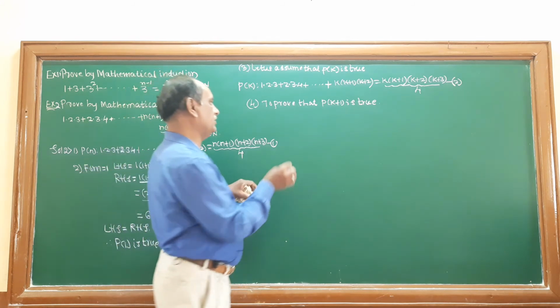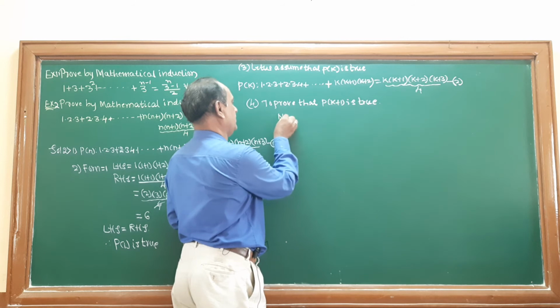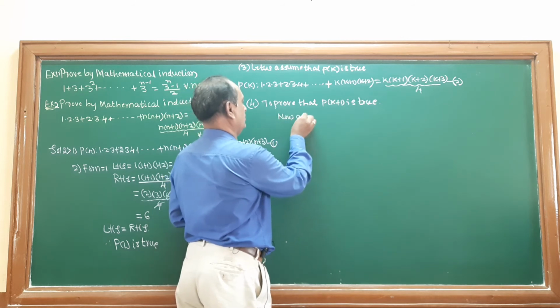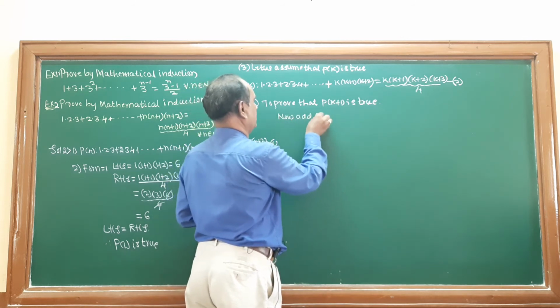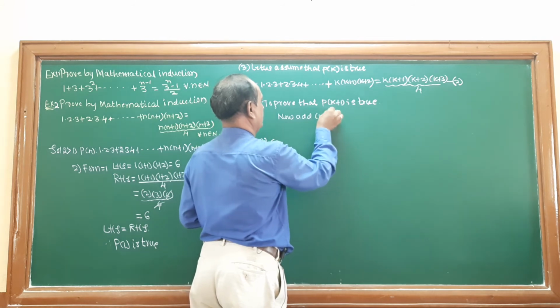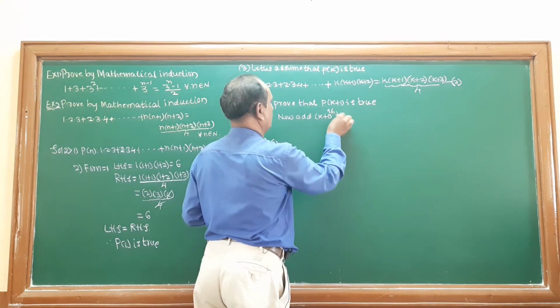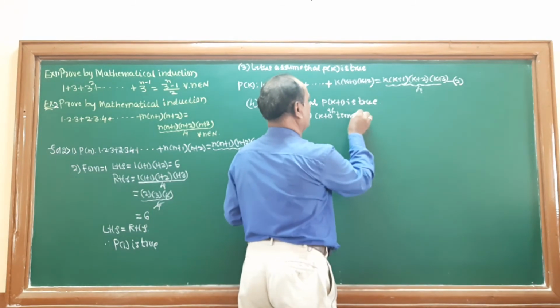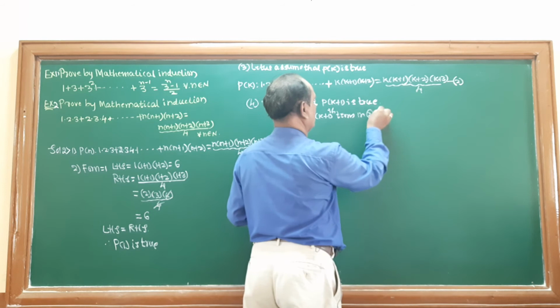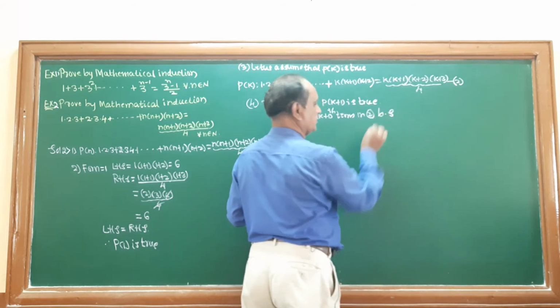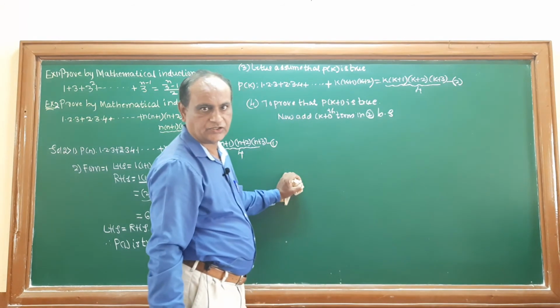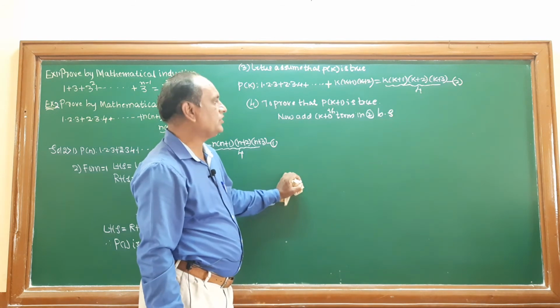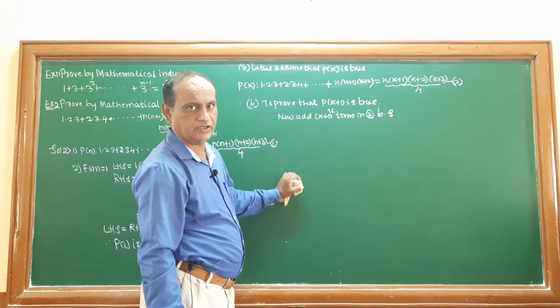In shortcut I write BS, that is both sides. On both sides, add the k plus 1th term and simplify.